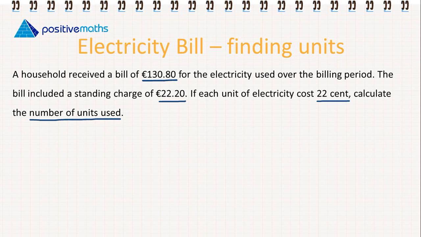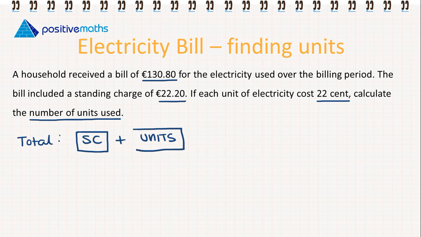So here it's almost like we're working backwards. Okay, so let's start off. We are breaking the total bill here into two different parts. We have the standing charge, I'm just going to have SC, plus the units. Okay, so whatever our units cost, plus our standing charge.